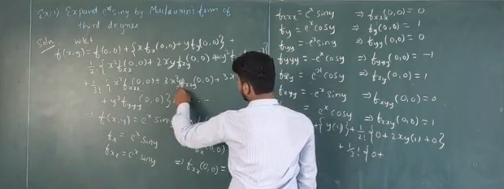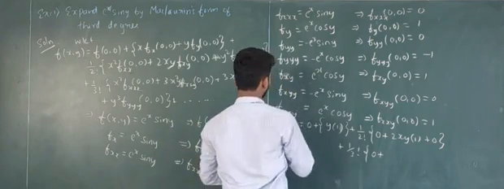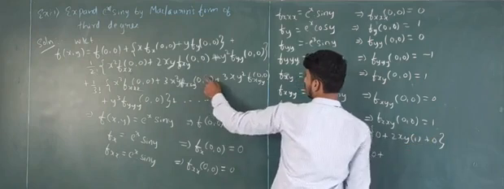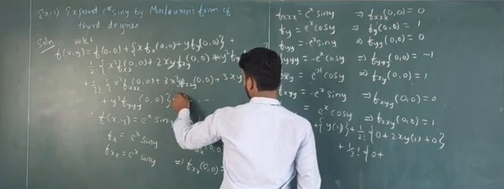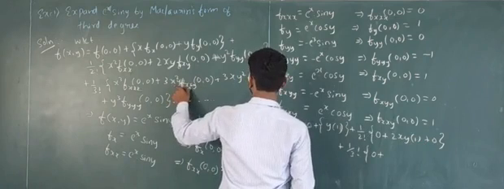Next 3x square y. Function 2 times with respect to x and 1 time with respect to y is 1.